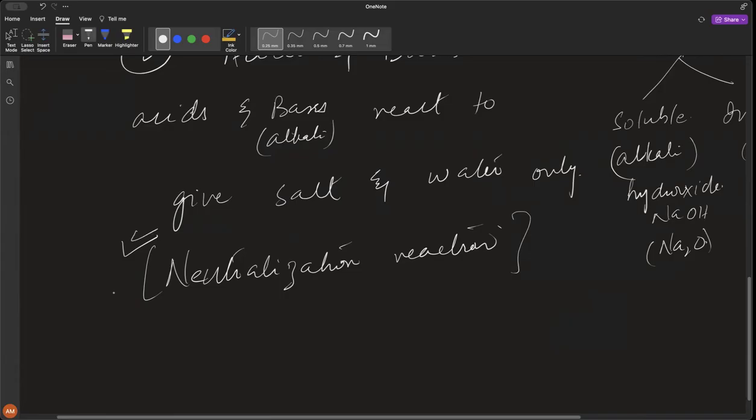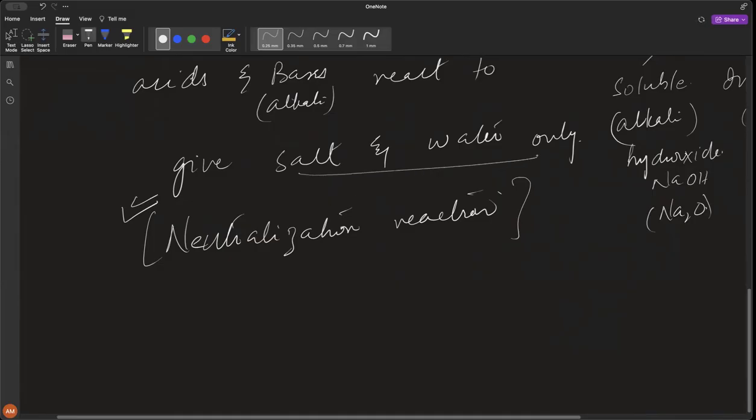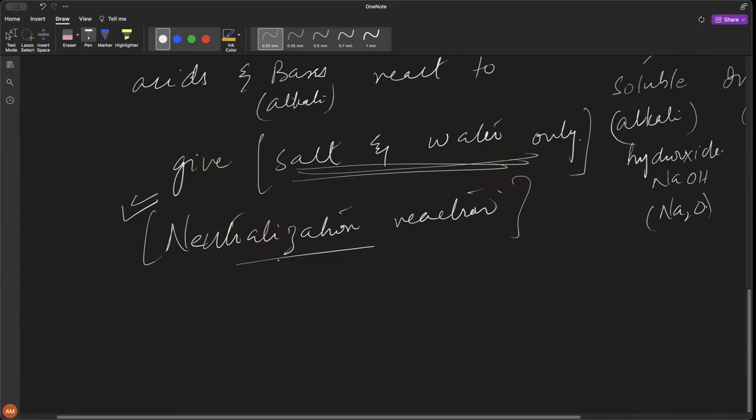Whenever you find acids or something that acts as an acid, and a base or something that acts as a base, if they react together, you're going to get salt and water only, and that is called a neutralization reaction.